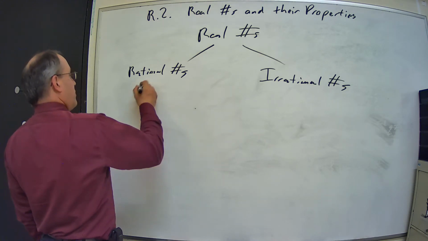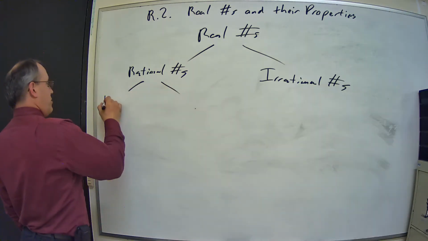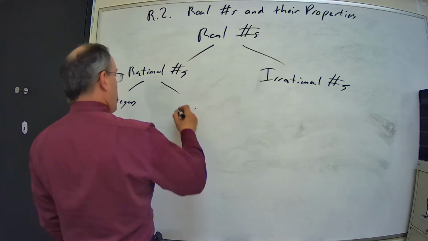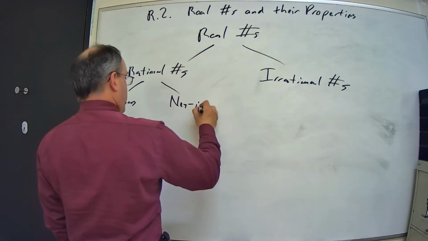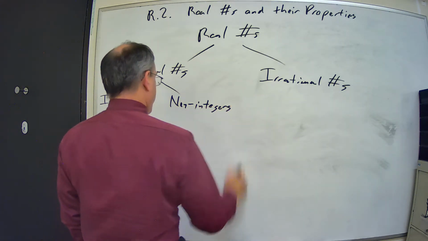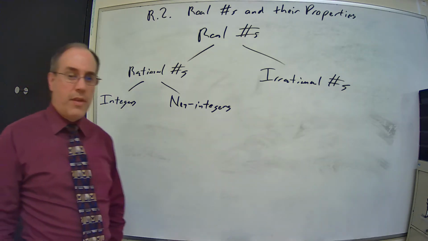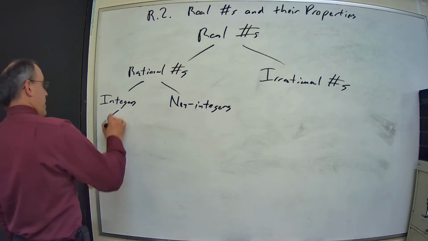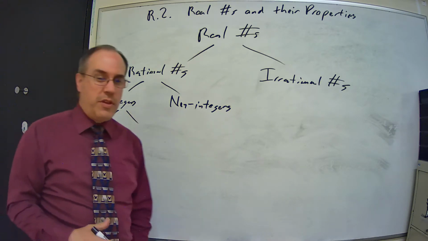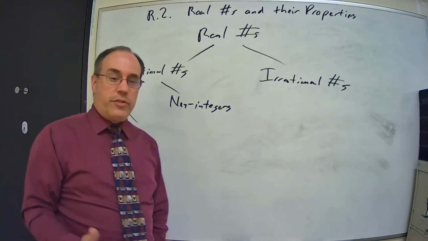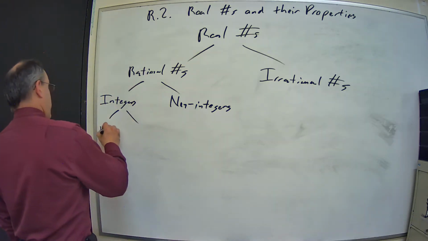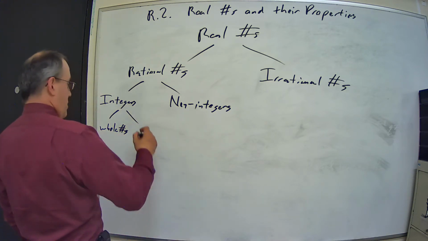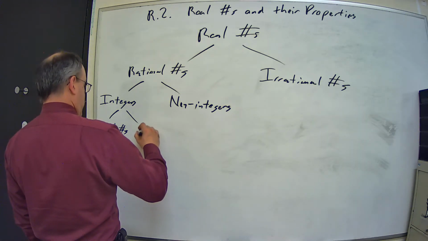Rational numbers can be split into integers and non-integers. Integers can be split into whole numbers and negative integers.